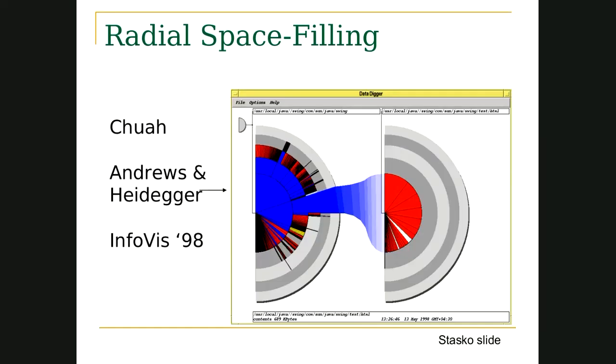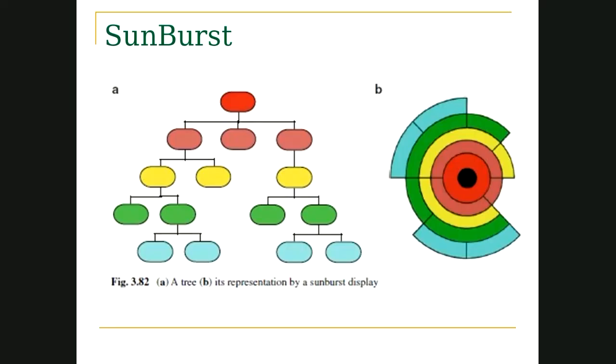One big difference between radial, I mean, obviously they're round, but one big difference is that, and I don't know why, children are not inside their parents on this one. You can see the root is here. This is the root.